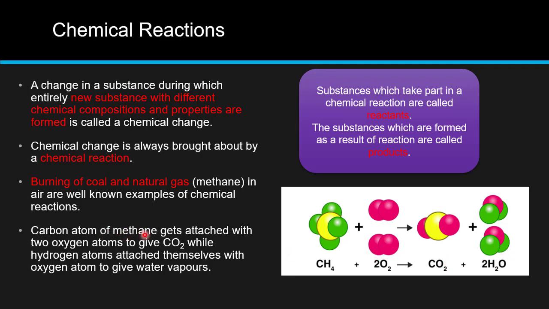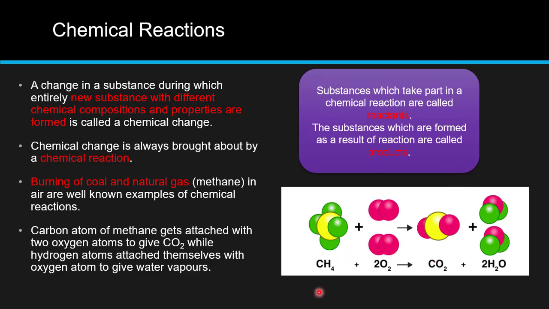The carbon atom of methane gets attached with two atoms of oxygen to give out carbon dioxide, while the hydrogen atoms of the methane attach themselves with the oxygen to form water vapors. Here you can see water is formed. So these two are the reactants and these two are the products. And overall, this is called a chemical change or a chemical reaction.